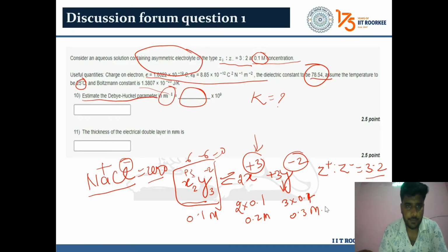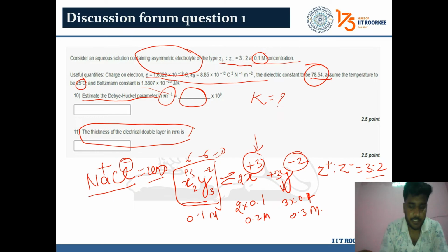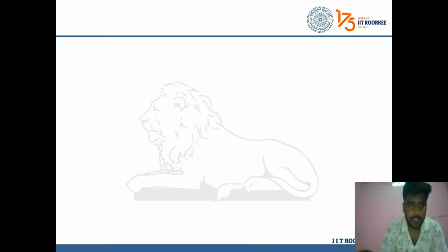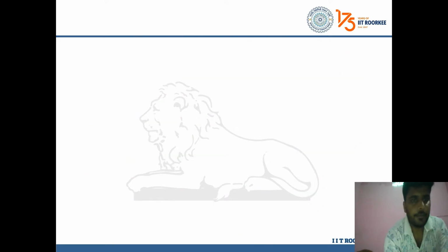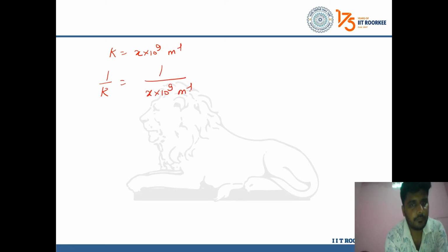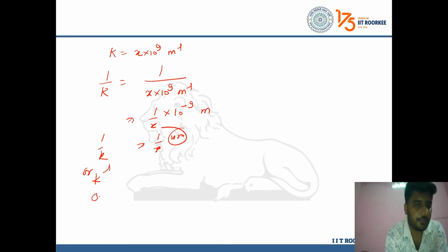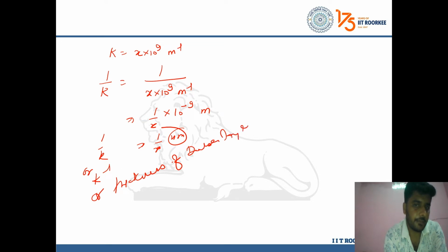And the second part of this particular question, you have to find the thickness of the double layer in nanometer. So if you are getting the value x here, in meter inverse, you can just revert it, and you will get 1 upon x times 10 to the minus 9 meter, or 1 upon x nanometer, that is 1 upon k, or k inverse, which is the thickness of the double layer.